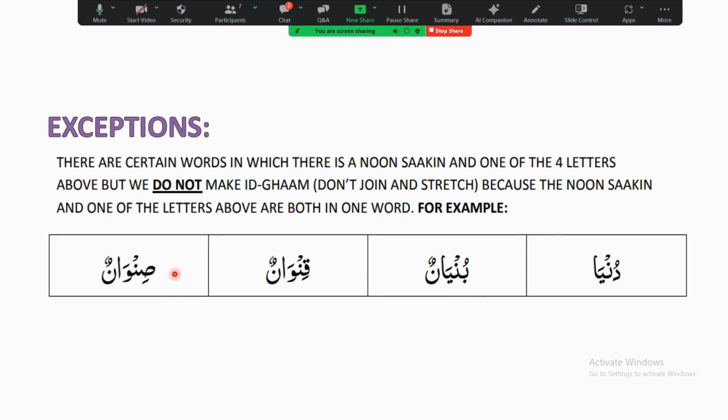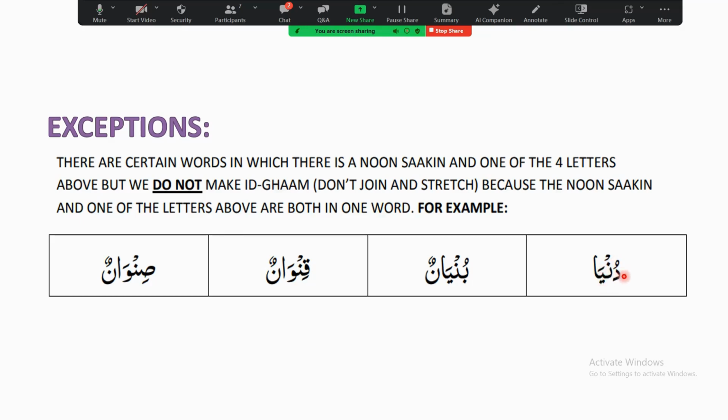Why? Because in all of these 4 words here, after the noon sakin, you see the letters of idgham, the 6 letters of idgham. For example, in the first example, after noon sakin, we have a ya here, which is from the 6 Yarmaloon letters. But still, we do not assimilate the sound of the letter that comes before noon sakin, which is dal here, into the letter after it, which is ya.